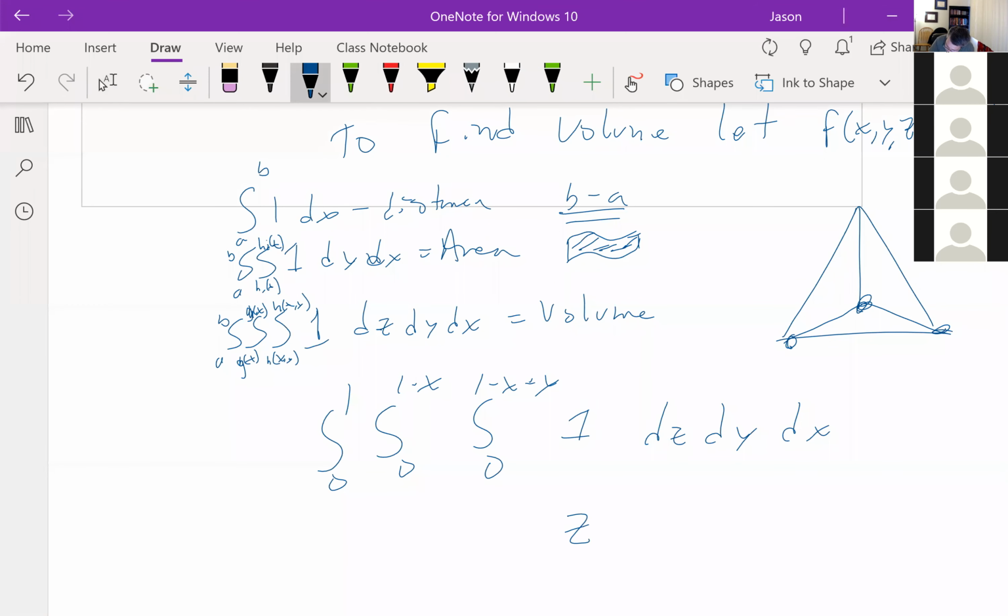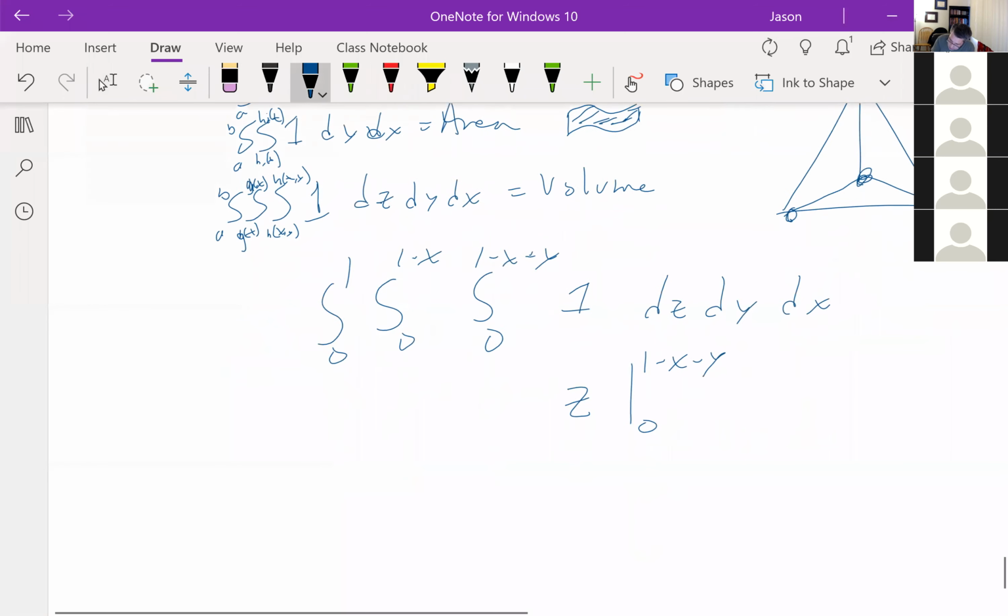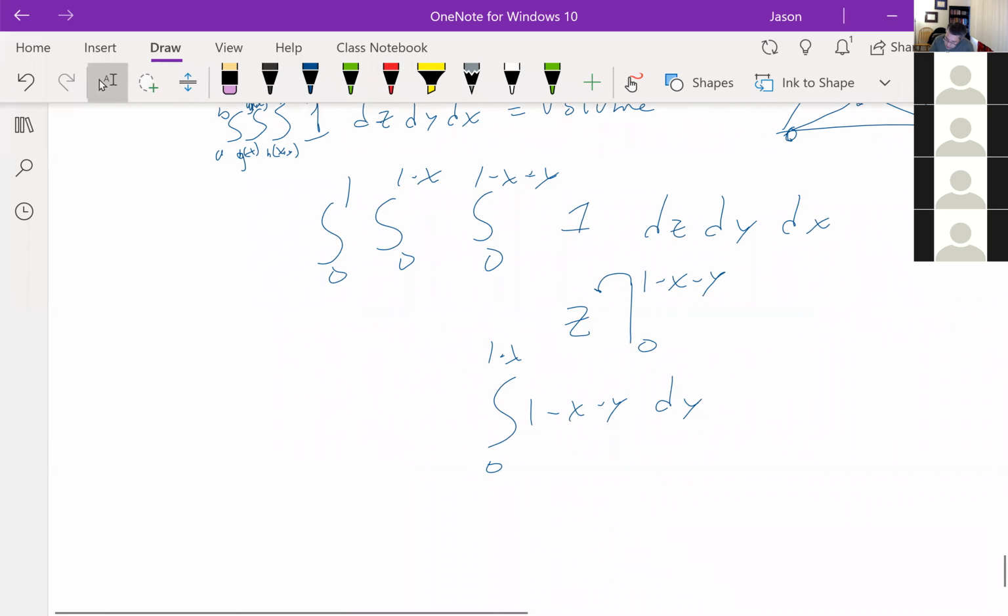So let's see what we got here. This is going to be z evaluated from 0 to 1 minus x minus y. Plug that in, that's 1 minus x minus y. You integrate that from 0 to 1 minus x on y. Integrating with respect to y gives y minus xy minus y squared over 2.